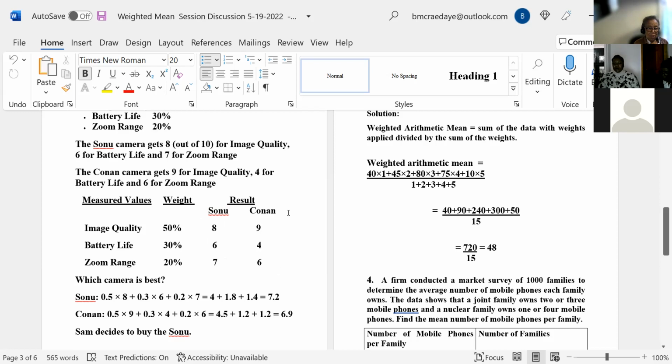And then you add them up and compare the two, and the one with the highest value, that's the one that you would probably decide to buy.